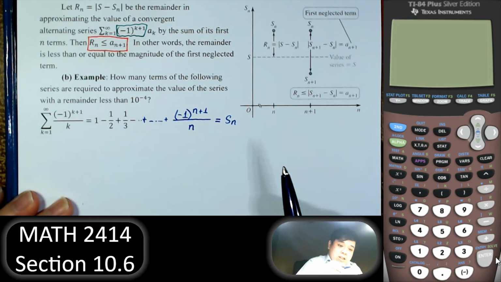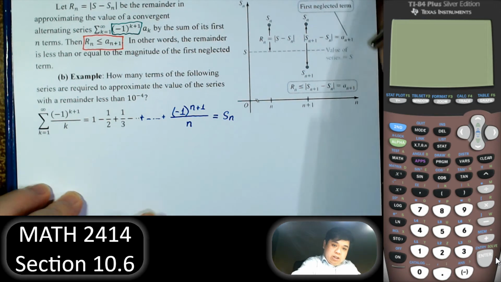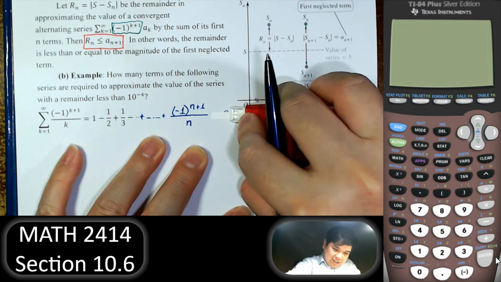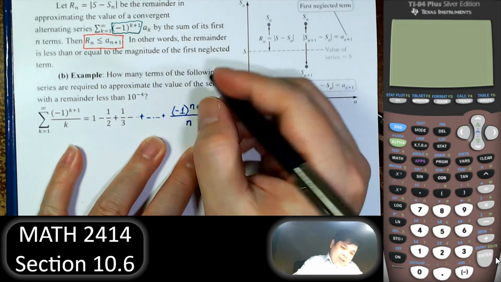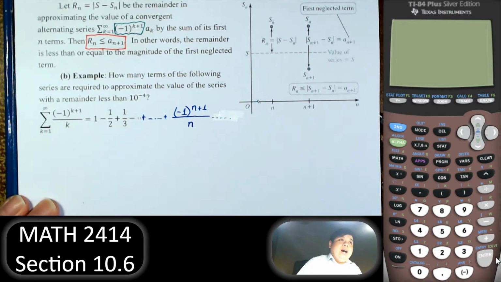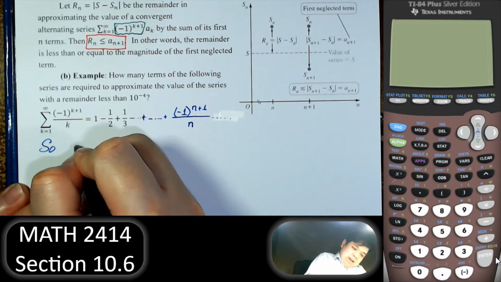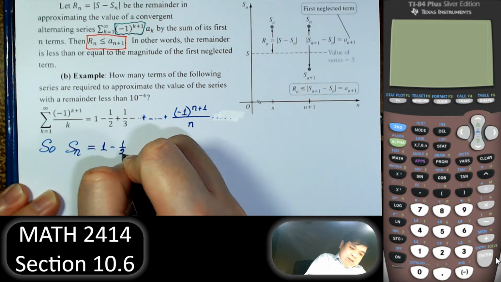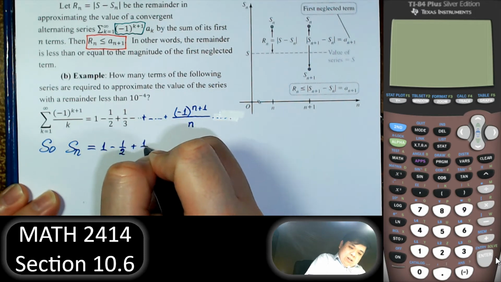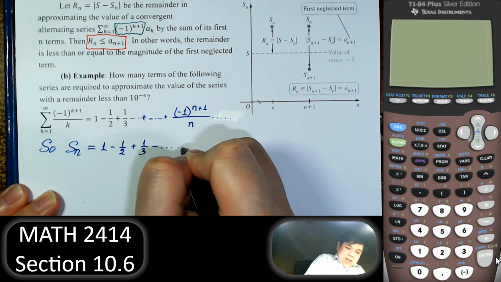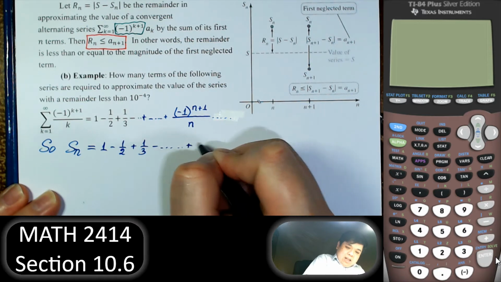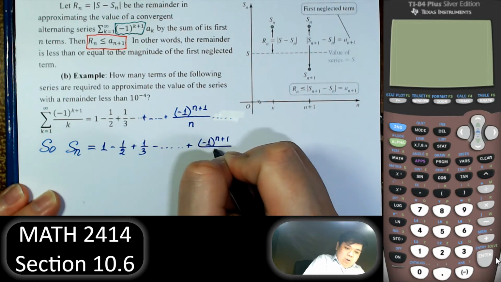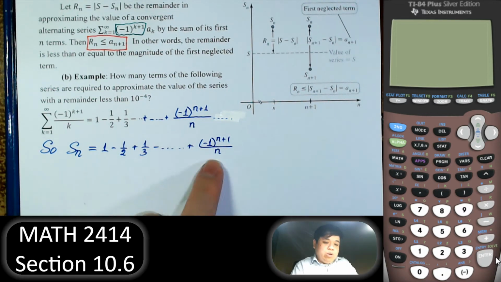This is a very misleading way to do this, so let's not do that. And then alternating: s of n is equal to 1 minus 1/2 plus 1/3 minus, and on the way to the last term, which is negative 1 to the n plus 1 over n. So s of n, we will stop at this term.